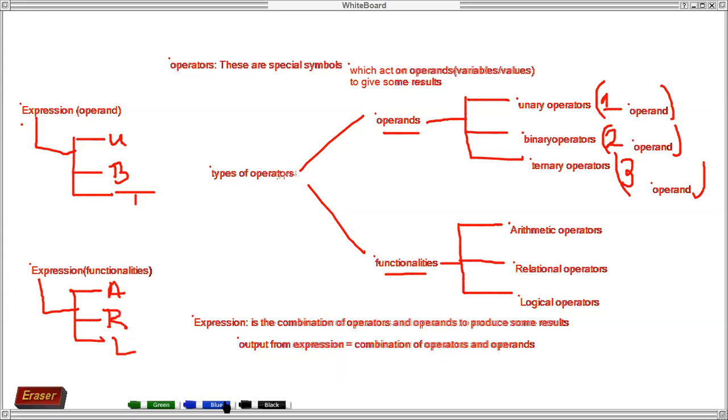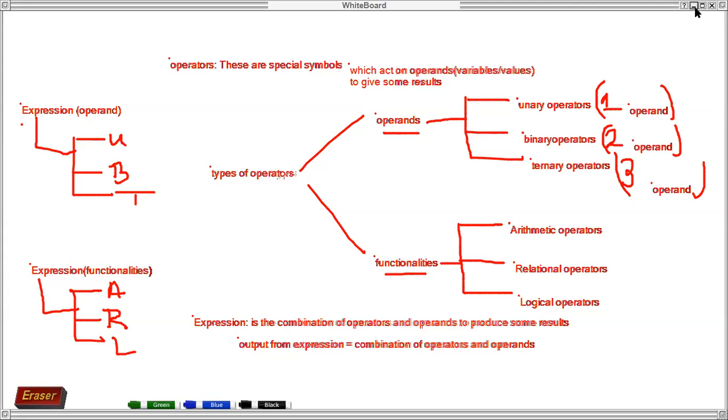So as you can see, the involvement of the operators along with the operands can define various types of expression, and various types of expression also have the opportunity to produce different types of output.